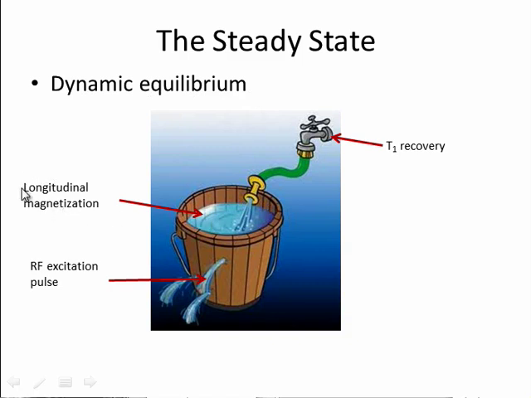And just as in the gradient echo situation, if our longitudinal magnetization throughout the sequence is not stable or is not steady, we're not in a steady state. The water going in is analogous to the T1 recovery, and the water coming out is analogous to the excitation pulse.